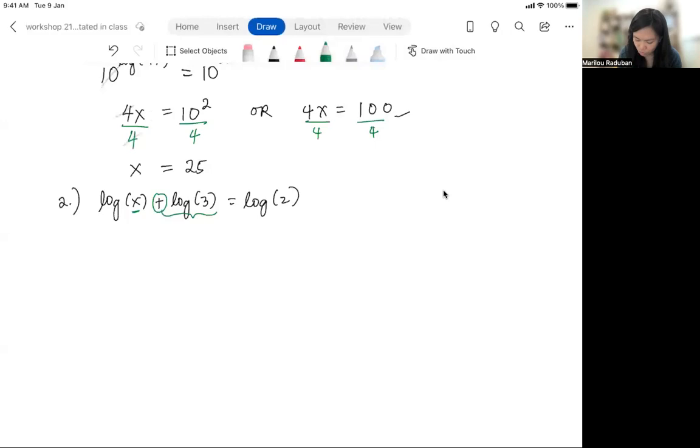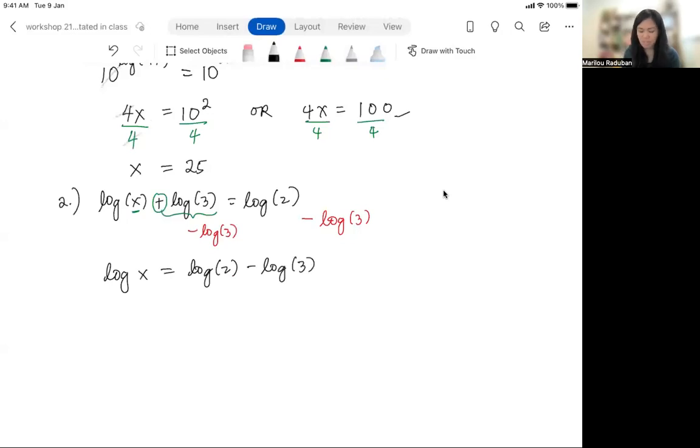So you can do minus log 3 on the left side, but you also have to do a minus log 3 on the right side, so that you simplify this equation as log x. Log 3 minus log 3 disappears, so you have log 2 minus log 3 on the right side. Log 2 minus log 3, it's just a number.